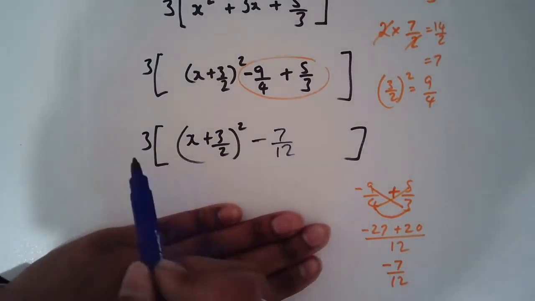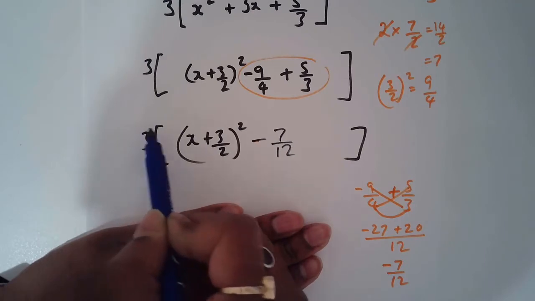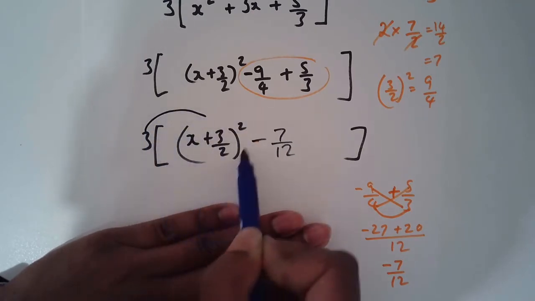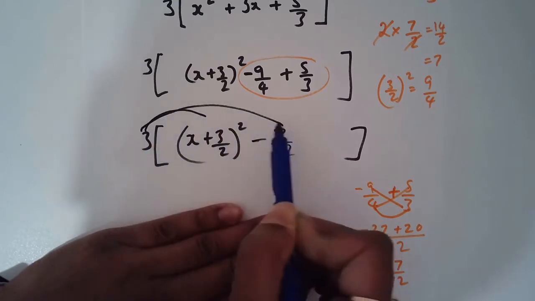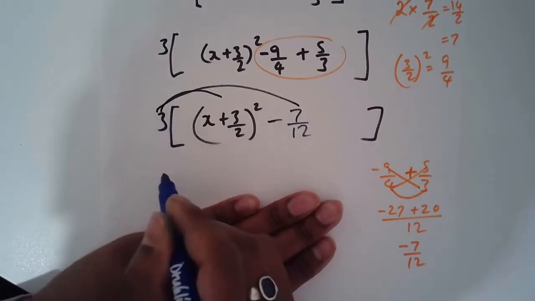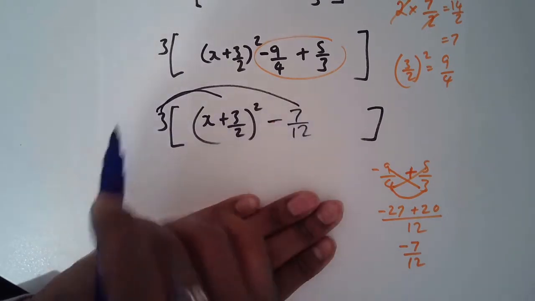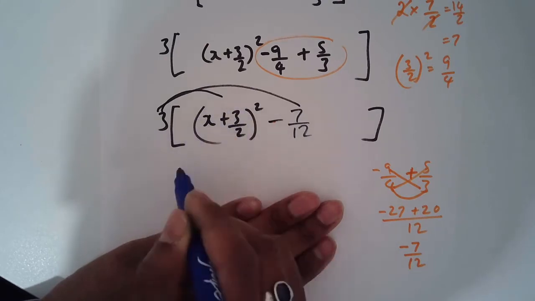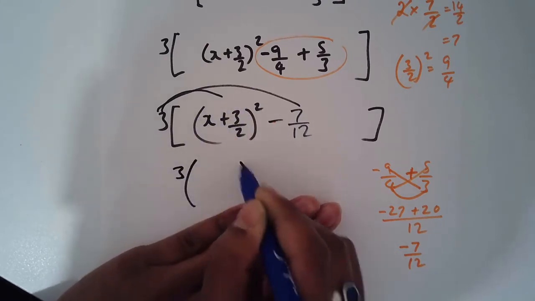Now what I'm going to do is expand the bracket. We'll do 3 times all of that, and then I'll do 3 times all of this over here separately. It's basically joining them back together, bringing the 3 back into play.